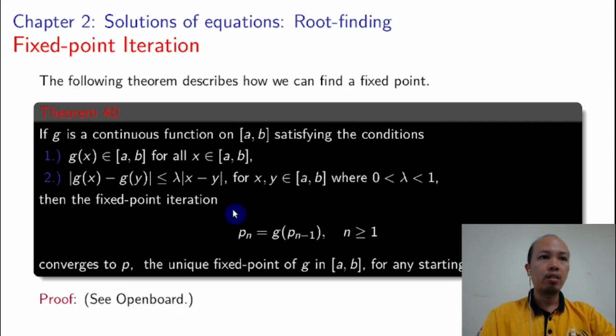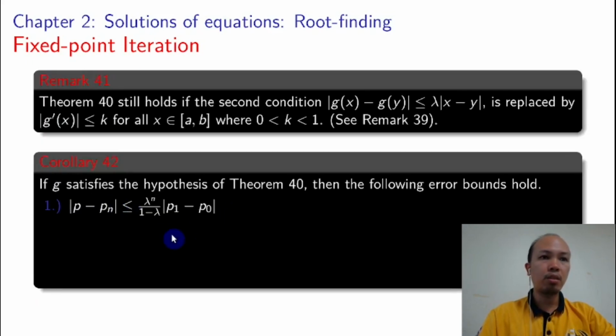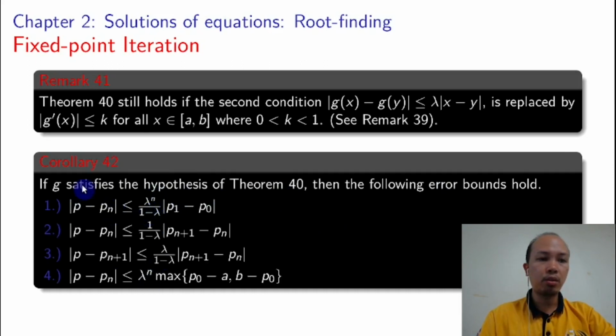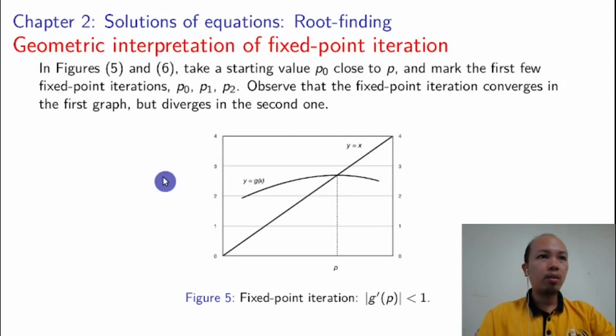Corollary 42 says that if g satisfies the hypothesis of theorem 40, then this is the error bound. There are 4 error bounds. You can choose depending on the given. We will use this one later, but we will prove maybe one of these corollaries, and then I will give it to you later, or maybe one of these also.